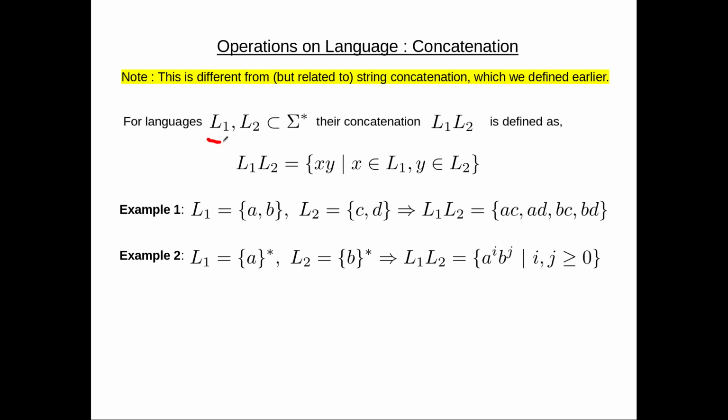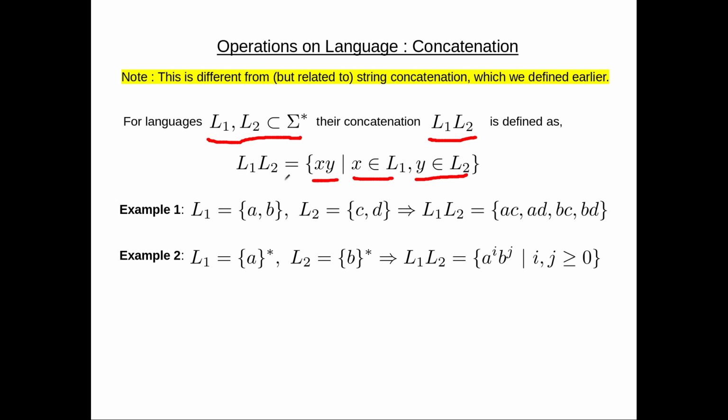If you have two languages over alphabet Σ, then their concatenation is written as just L1 L2. And L1 L2 is defined as the concatenation of strings x and y, where x is coming from L1 and y is coming from L2.